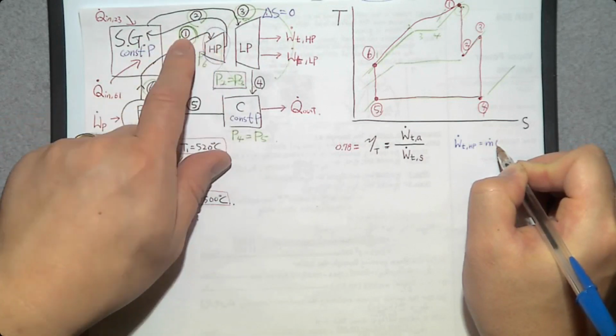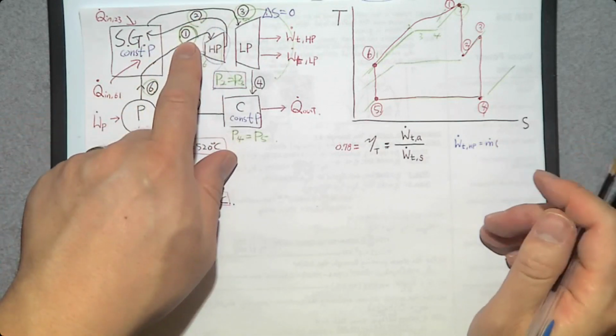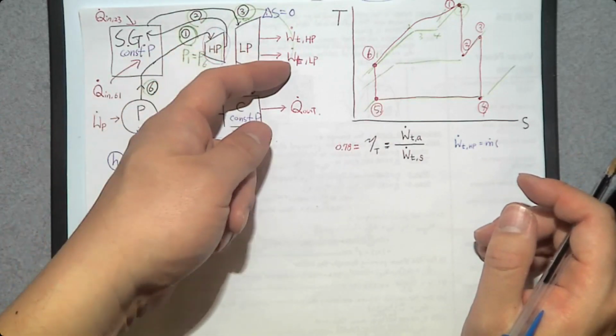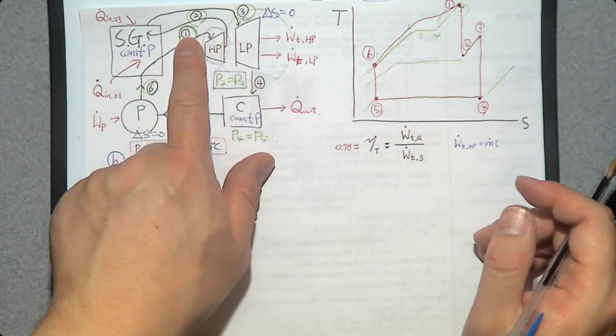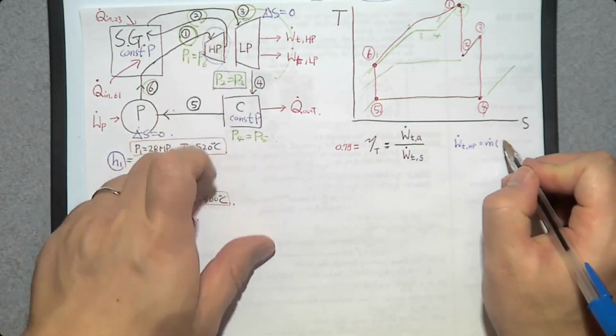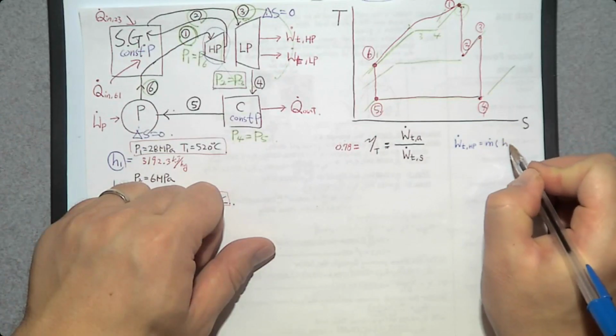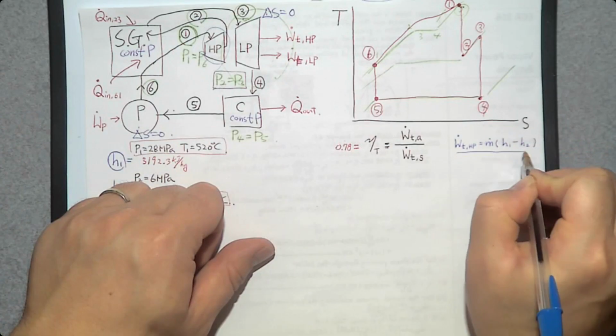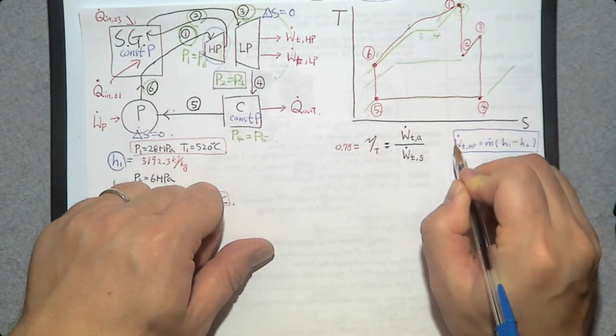And between 1 and 2, 1 is greater than 2 because this turbine produces power. So that power comes from this 1. So H1 should be greater than H2. So it is H1 minus H2. So that's how we determine turbine power.